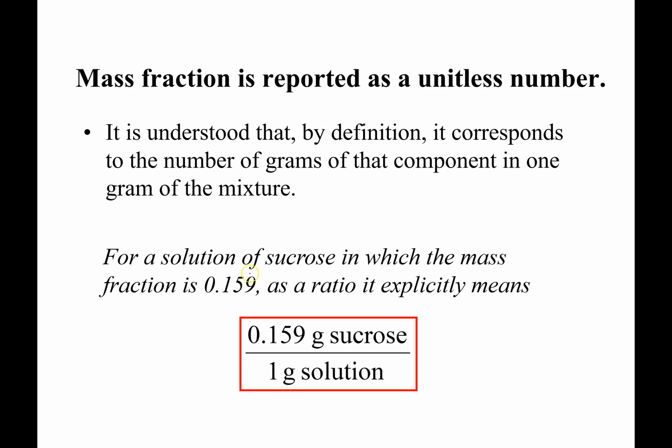You need to be able to unpack numbers. So if someone gives you a mass fraction of a component in a mixture or solution, and they say that mass fraction is 0.159, we talked about unpacking in Chem 1. What that means is you have 0.159 grams of that component in 1 gram of the mixture, in 1 gram of the solution. That's unpacking.